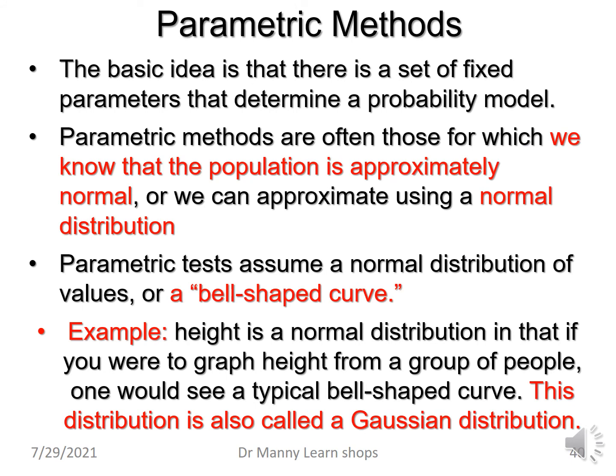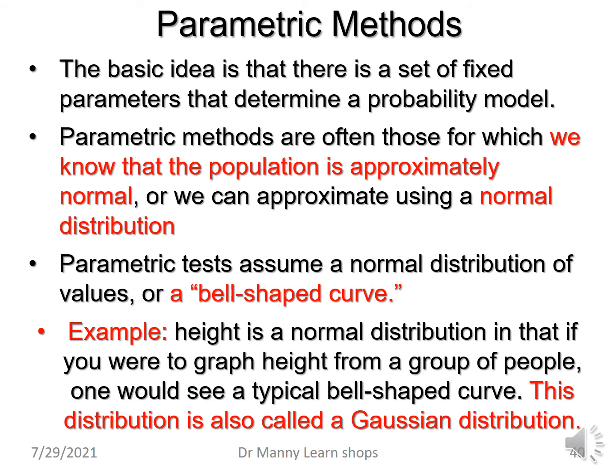Let's do a recap, because this lecture was meant to include parametric and non-parametric methods, which we've discussed previously. The basic idea of parametric methods is that there's a set of fixed parameters that determine a probability model. Parametric methods are often used when we know the population is approximately normal, a normal distribution.